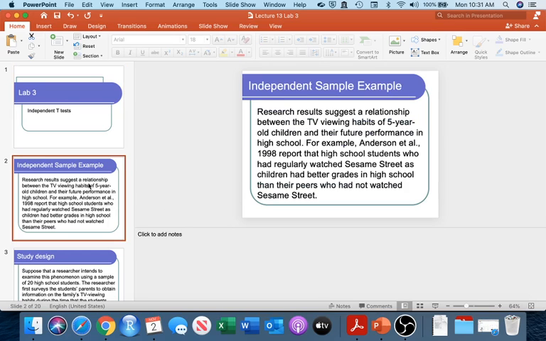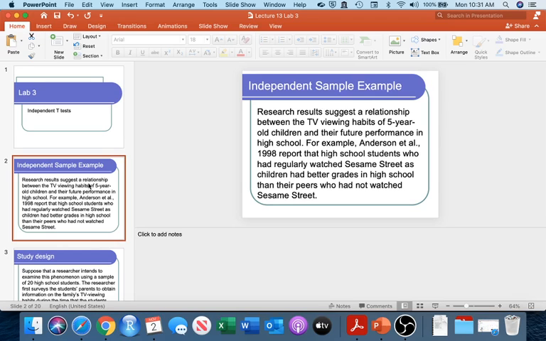lecture. So just a reminder, an independent sample is two separate sets of participants, and looking at the difference between those participants, whereas a dependent t-test is looking at the same participants going through different manipulations.